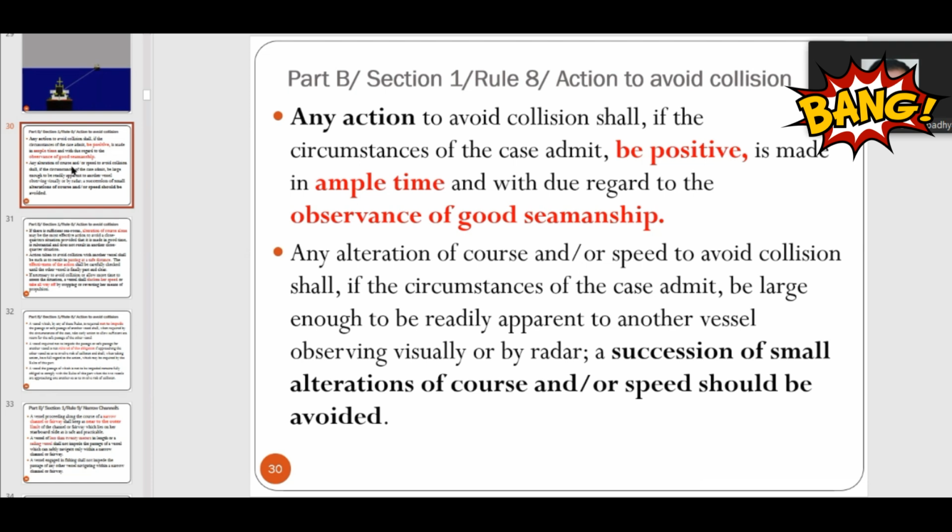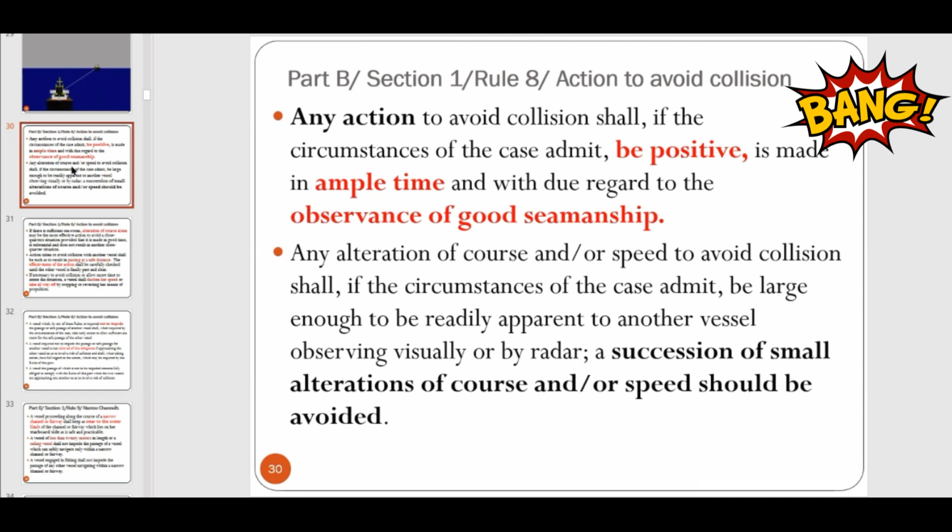Never mind. But if you think, now a little 5 degrees, later a little 5 degrees, like that, a succession of small alterations of course and speed should be avoided. So basically that means, now altering or cutting down 5 RPMs will cut down some speed.